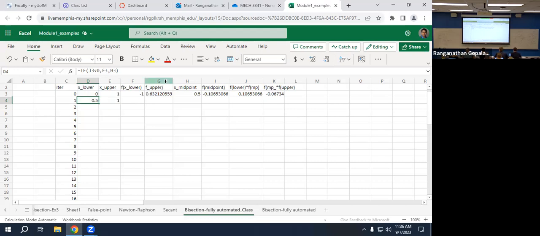If J3 were less than 0, for lower, I'm implementing this line and this line. If J3 is less than 0, then the same lower. If J3 is more than 0, then midpoint is the new lower.